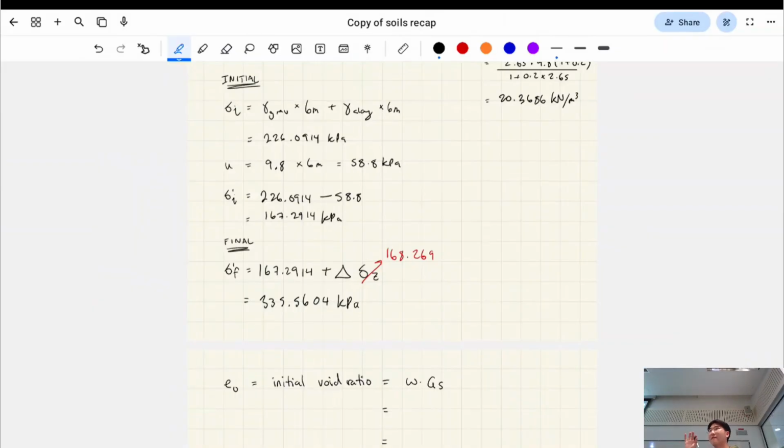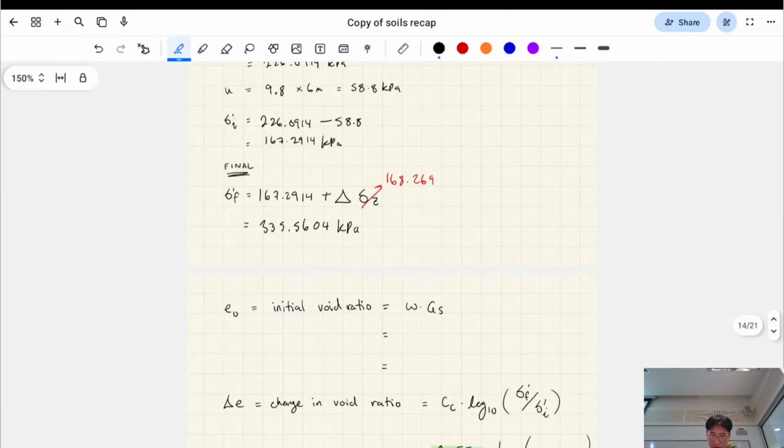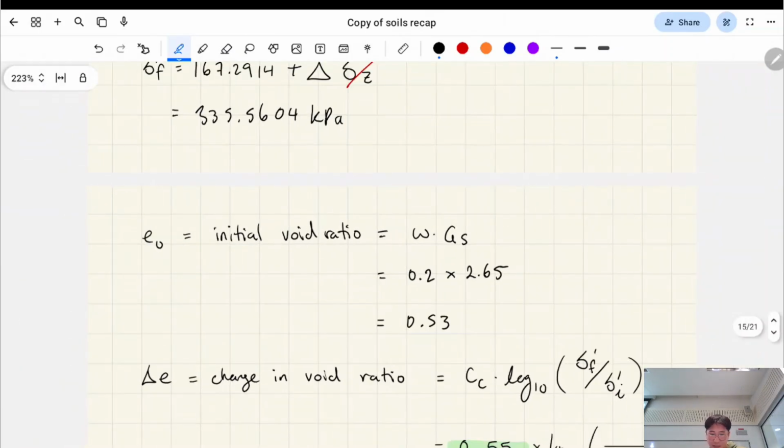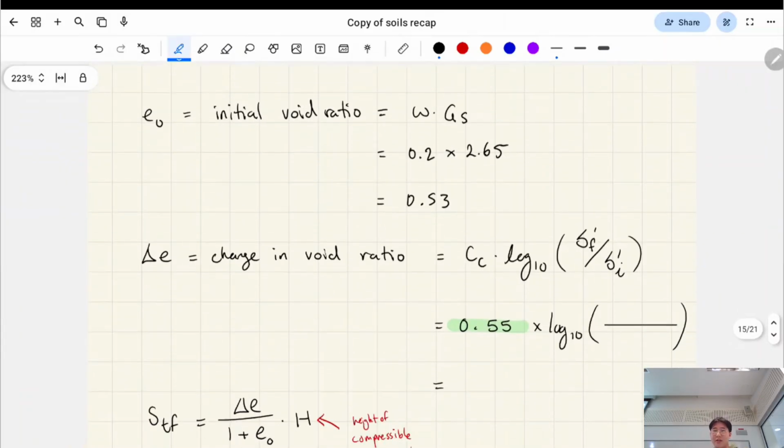Now these two numbers are what we're going to plug in to get stuff related to settlement, right? Initial void ratio is another formula we have to plug in. Remember, 0.2 was our moisture content of our clay. 2.65 is just assumed. That's our initial void ratio, right? So I've got a question for you guys. When you compress clay, do you expect there to be more or less voids when you squish it together?